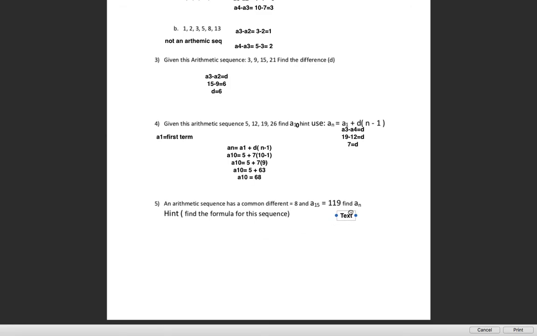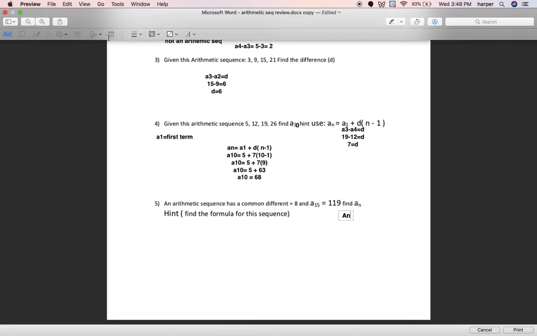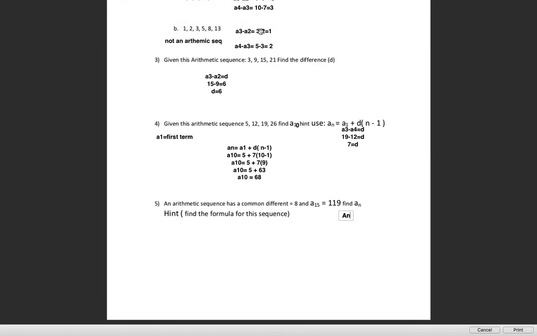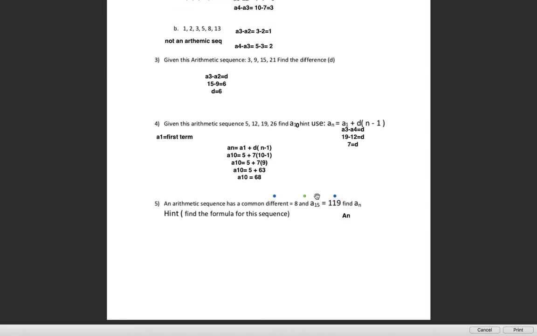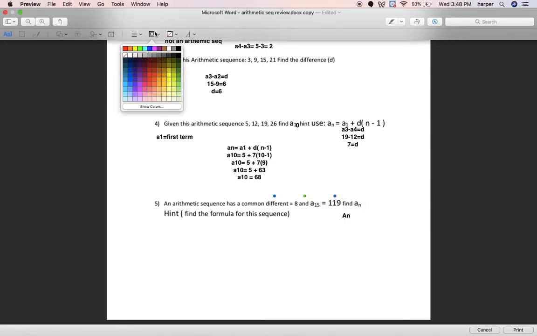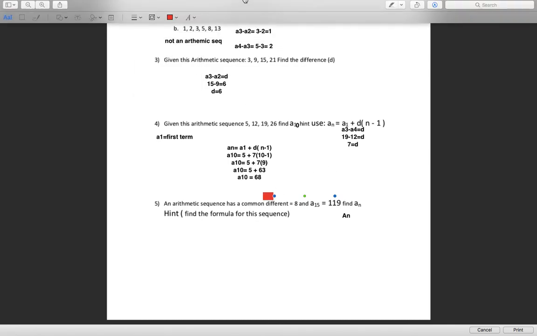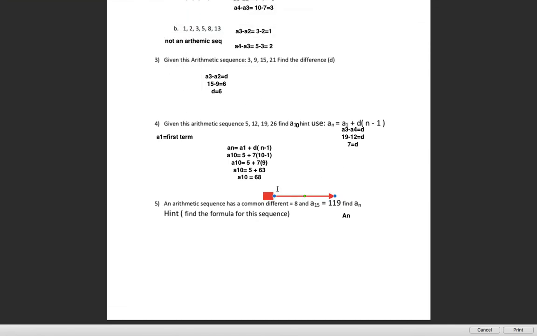I hope that we remember what this means right here. 119, that is going to be our an. This 119 is our an, only if we have A15.